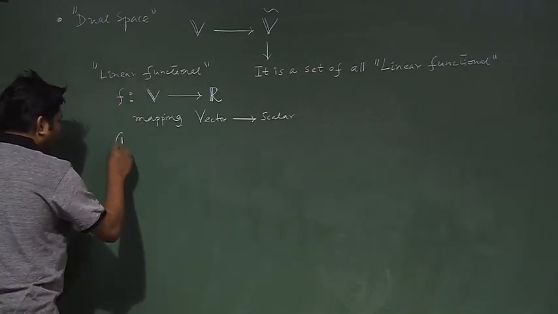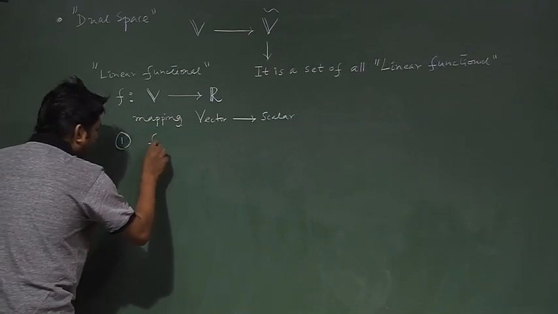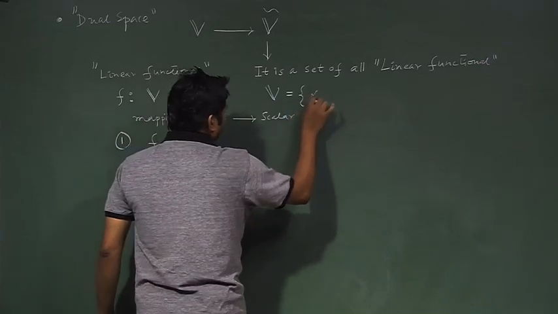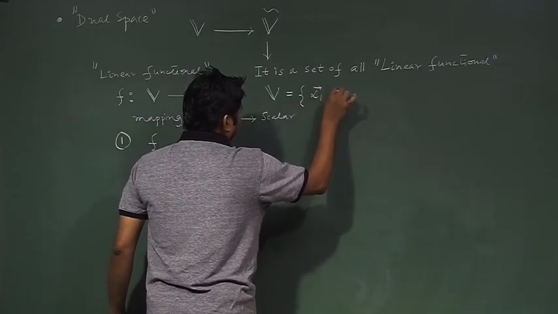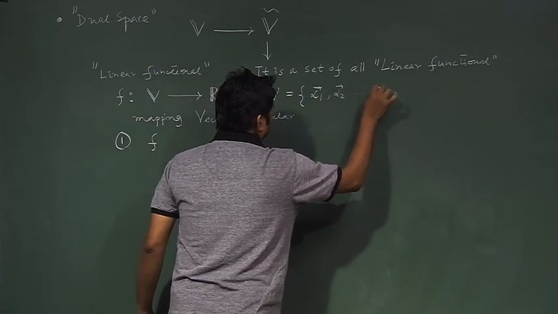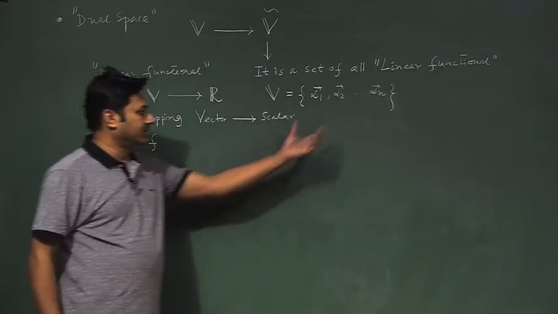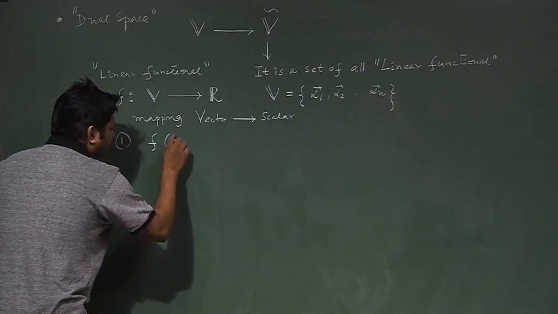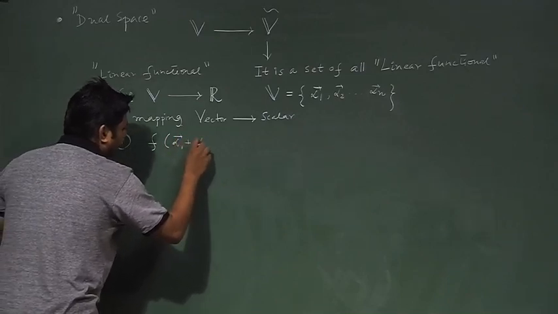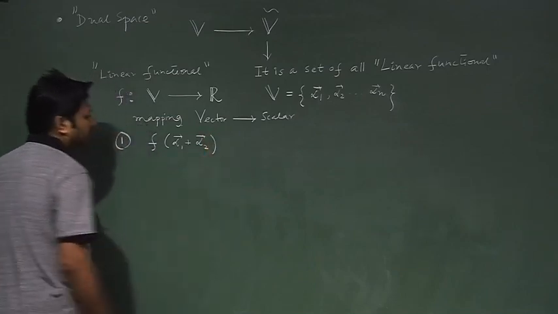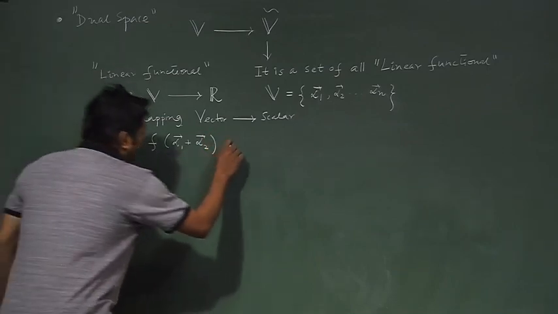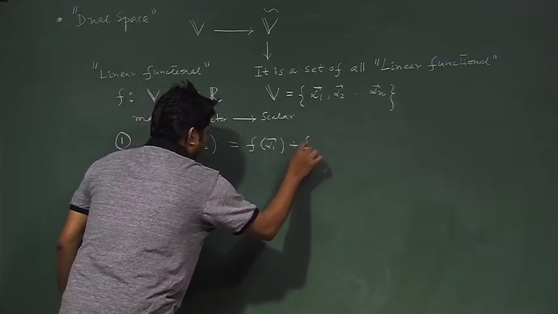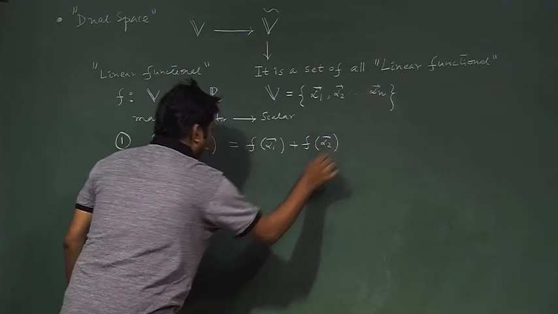Next, it has two properties. Inside V, the elements are something like alpha 1, alpha 2, alpha n. Suppose these are the elements in the vector space, which are vectors. Now if I apply this function over two elements alpha 1 and alpha 2, this is one property.